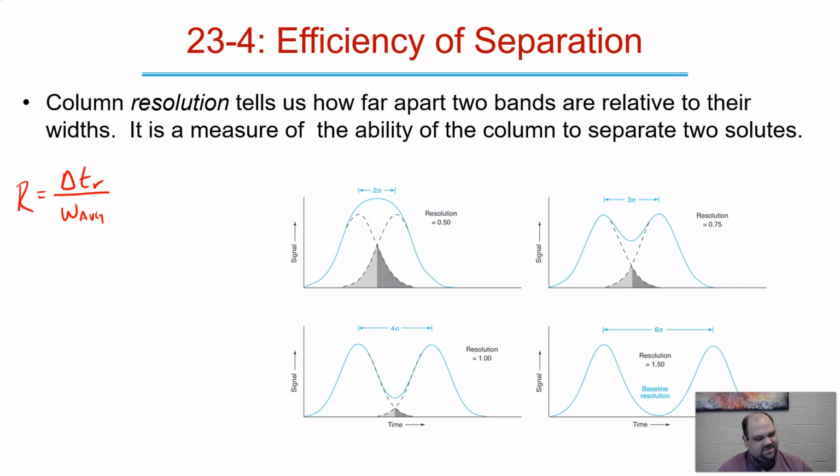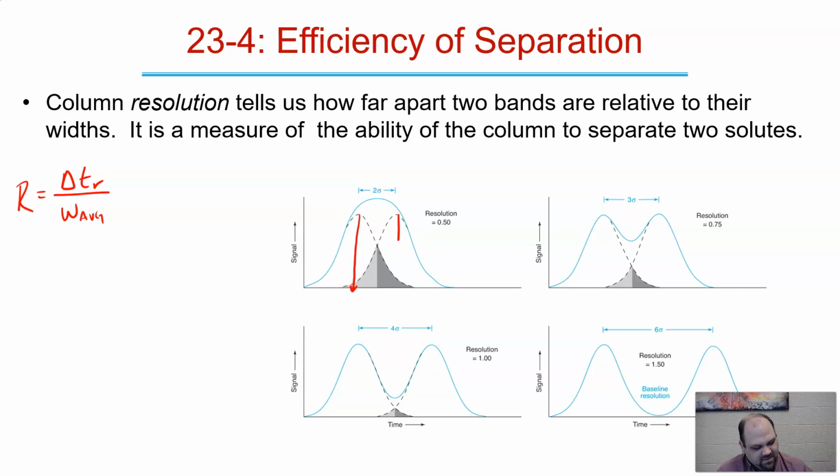If we look at this image, the blue is what we would actually see off the chromatogram. The black is the peak or peaks that make up that curve. And so if we look here, the blue that we see looks like a single curve, albeit very broad. Underneath, we see that there's really two peaks here.